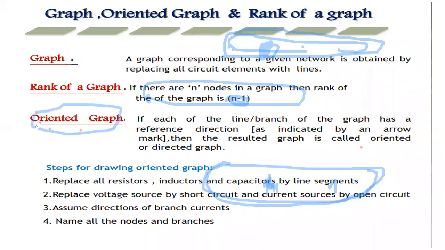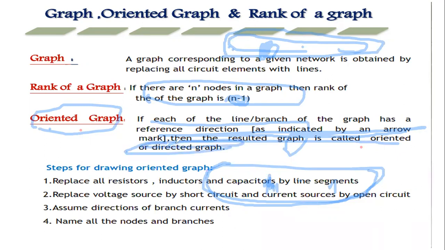Then comes the oriented graph. So if directions are marked, then that will be called an oriented graph. If each line or branch of the graph has a reference direction as indicated by an arrow, then that is called an oriented or directed graph.